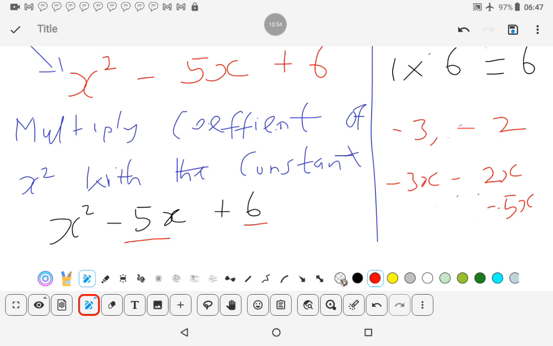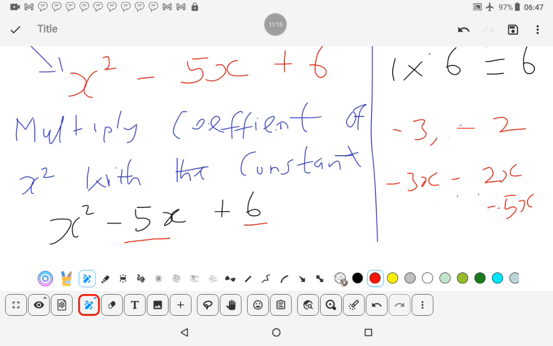If you multiply 3 and 2, it will give you 6. So these are the two numbers, so that when you add them, it will give you minus 5x, that's the number at the middle. And when you multiply them, it will give you that constant, which is 6.